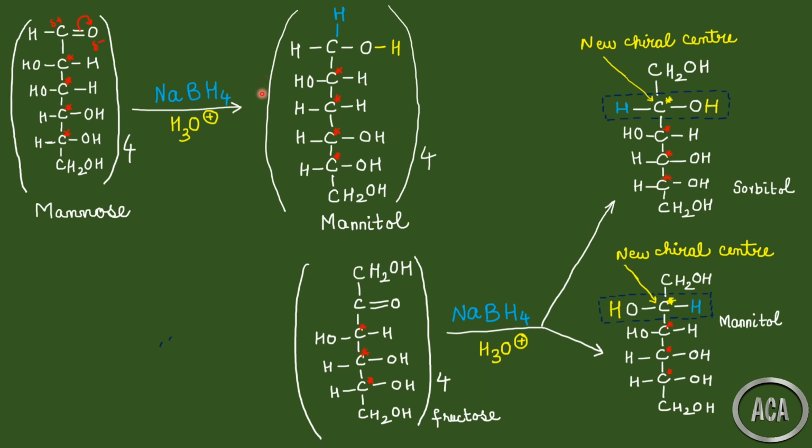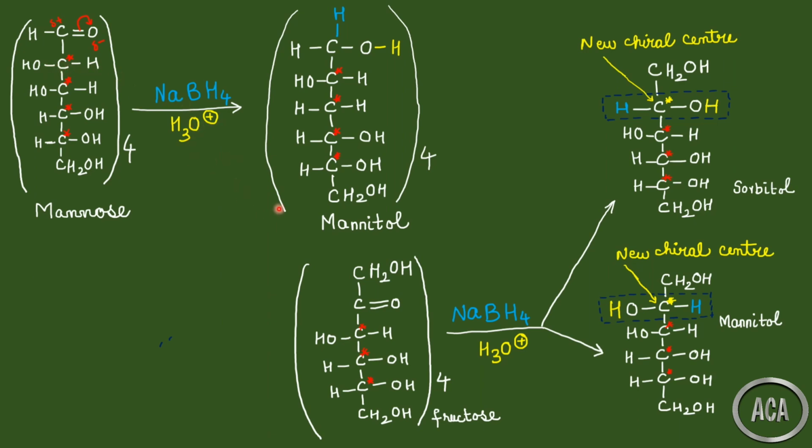So as a result, from mannose we are getting the alcohol which is called sorbitol. So what happened here? The carbonyl group is present terminal, so only the first carbon atom is under play over here. From the second, third, fourth, fifth and sixth, there is no disturbance, there is no change at all.